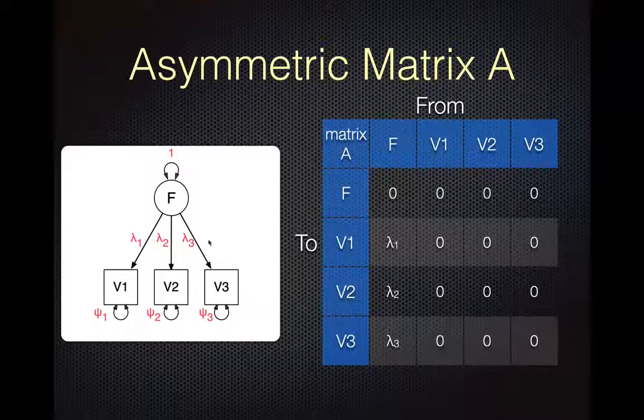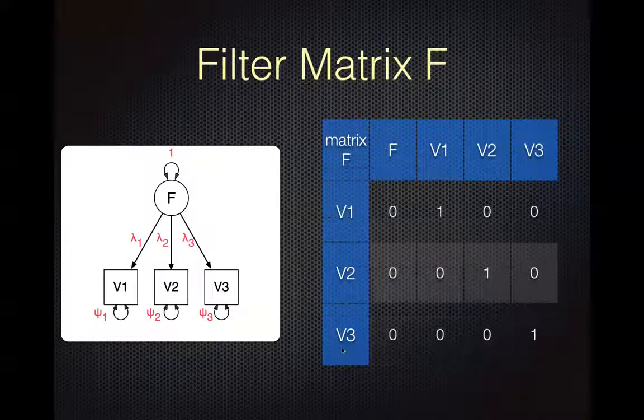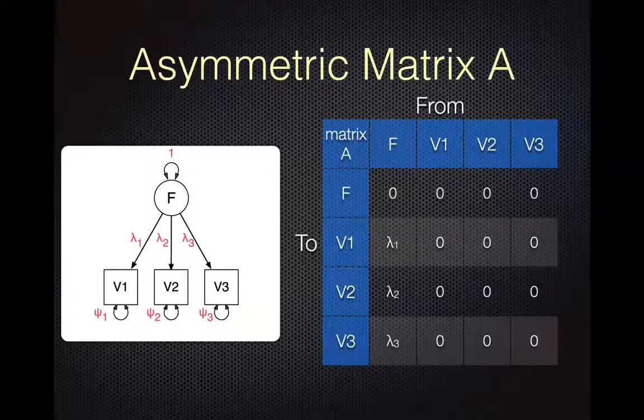But you can just see that the only single-headed arrows in the simple factor model are going from the factor to the variables v1, v2, and v3. I've gone forward a slide and I'm going to go back one. And so the quantities, the parameters to be estimated, lambda1, lambda2, and lambda3, all appear in this first column of the asymmetric A matrix.